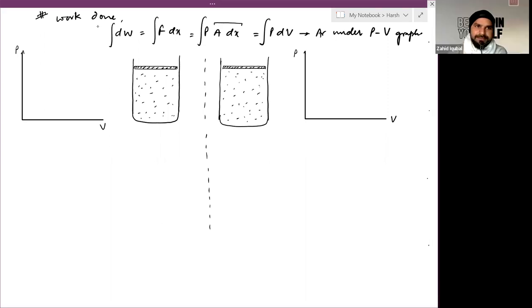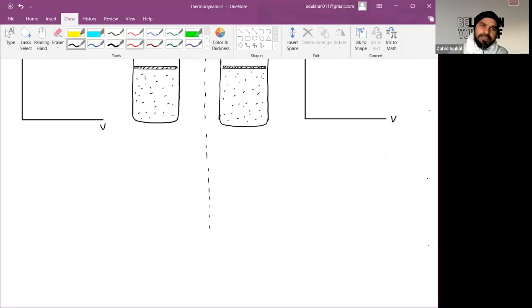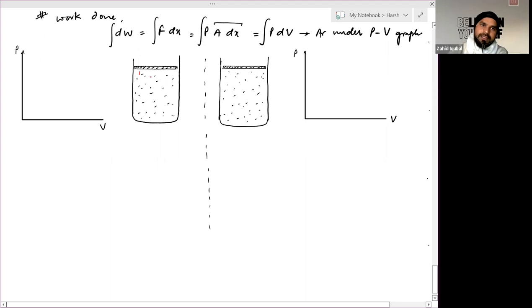Suppose in the first part, these gas particles are doing work on this piston to expand it from this volume to some new volume at this point. So in this case, this is the initial volume and this is the final volume.